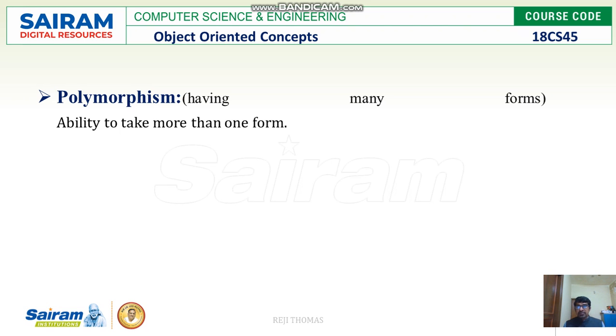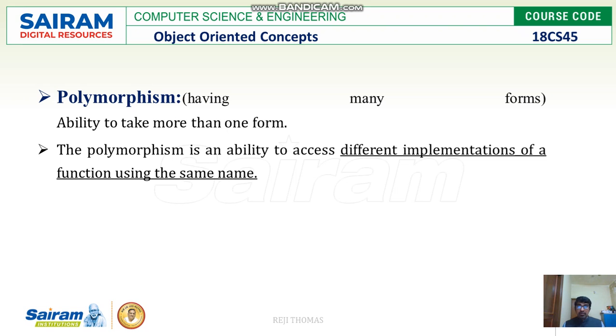So the last important feature of the object oriented concept is polymorphism. I hope everyone knows, polymorphism means having many forms, or the ability to take more than one form. It's the ability to access different implementations of a function using the same name.